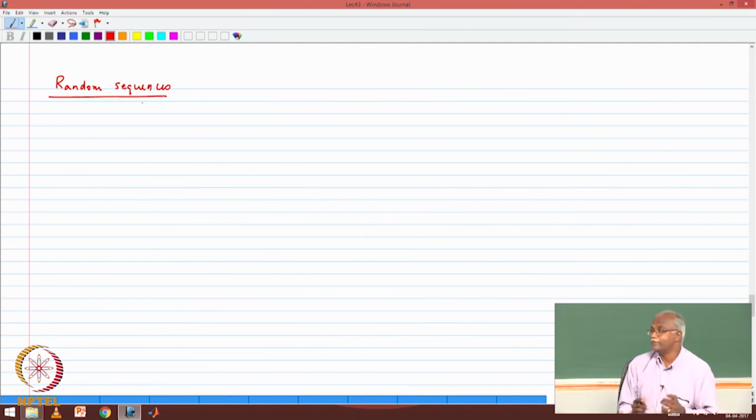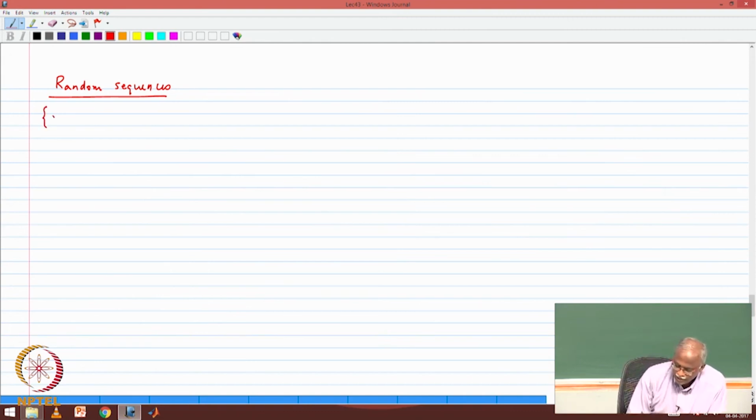Going back to our understanding that we need to be looking at random types of sequences, we will study basic properties of random sequences, and the best that we can do in practice are pseudo-random sequences. But first let us look at random sequences.